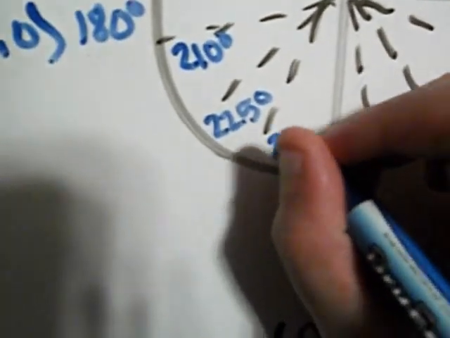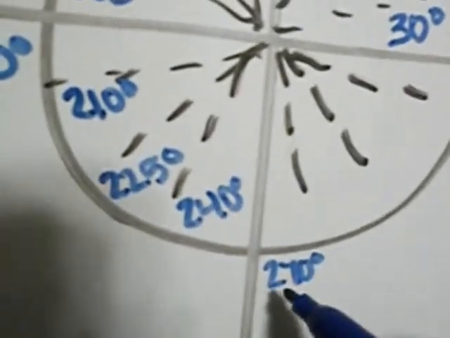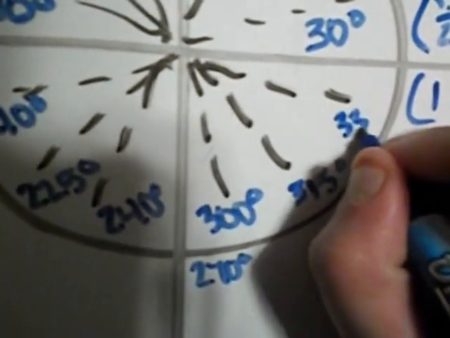Alright, add 15 to the next one, that should be 240. And of course, we know that this line is 270. Then you add 30 to that 270, that's 300. Add 15 to that, that's 315. And add 15 to that, that's 330.